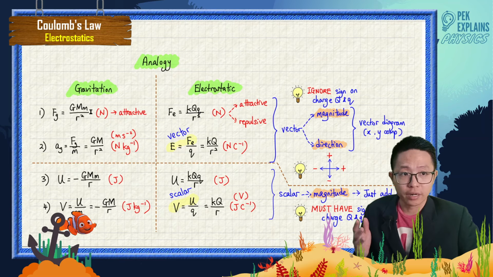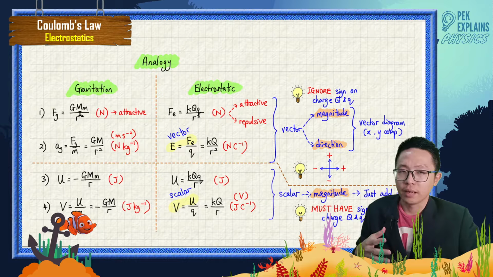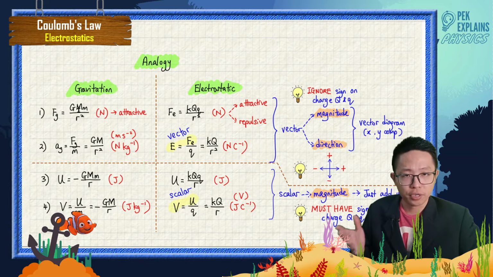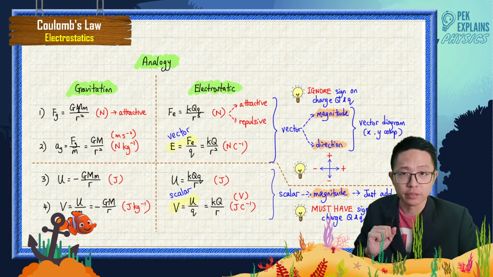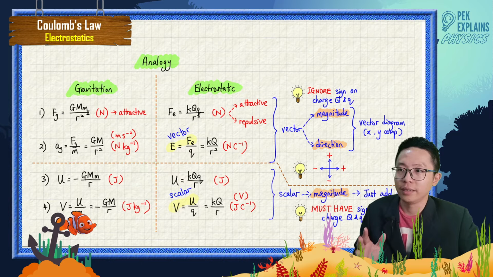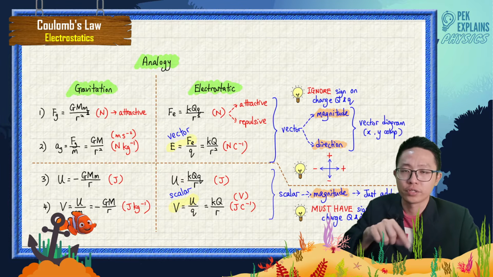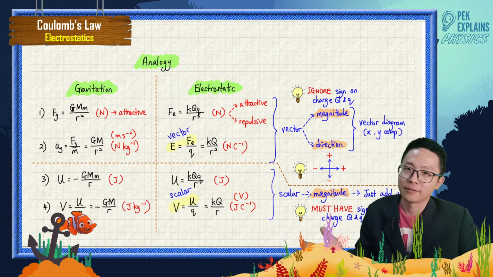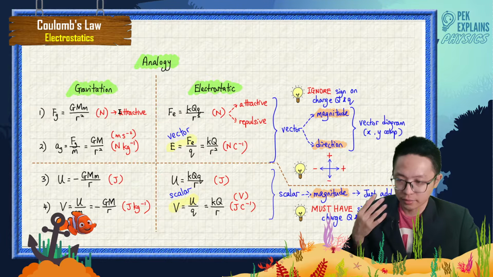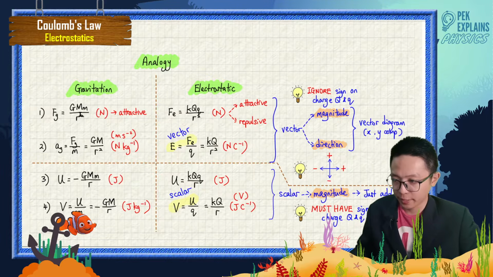In gravitation, the point mass is the mass that provides the gravitational field. The test mass is the mass that is inside the gravitational field of the point mass. I will explain this deeper in a later part.